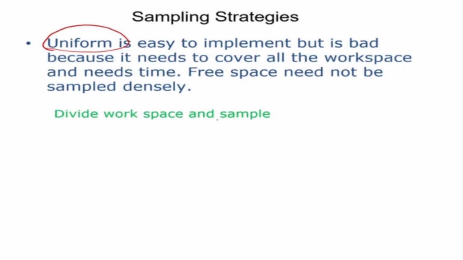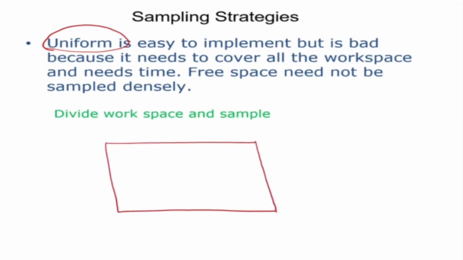So for example, divide workspace and sample, uniform sampling. What we can do is we have the workspace like this. We can divide the workspace into two parts. One part is this side, and then I start sampling. I take half of this, one point, then another point which is half here, another half here.